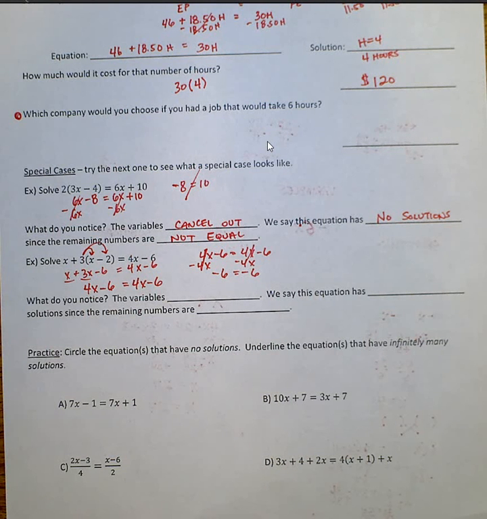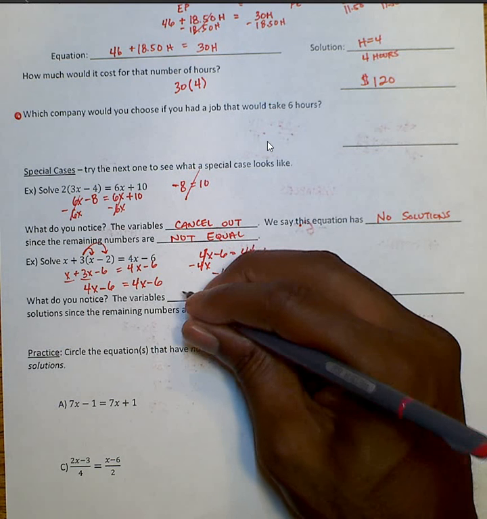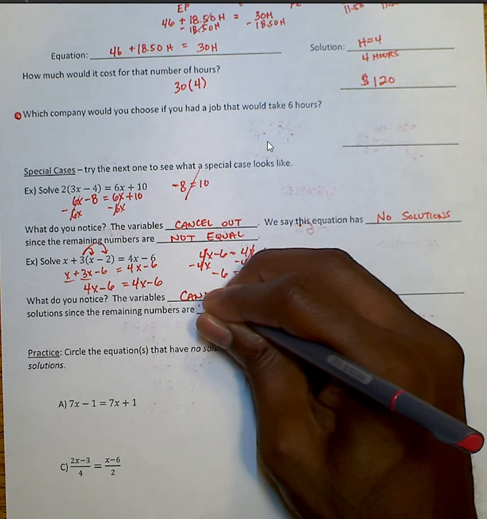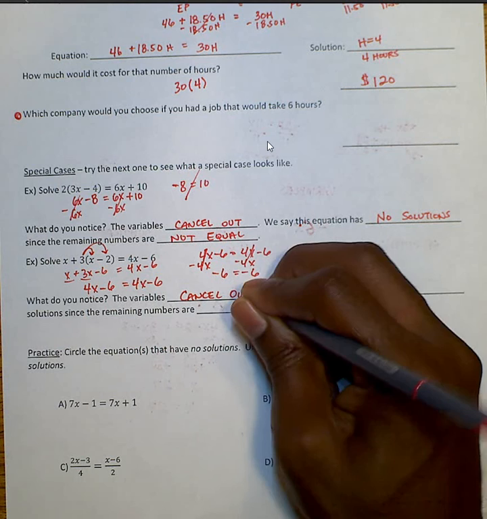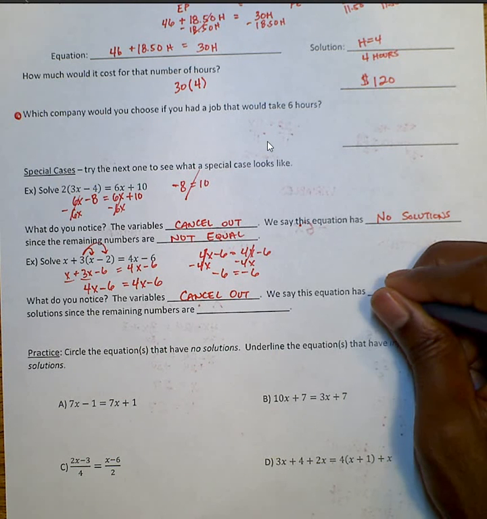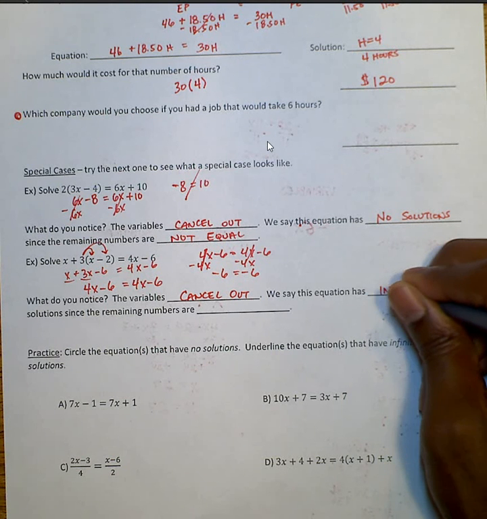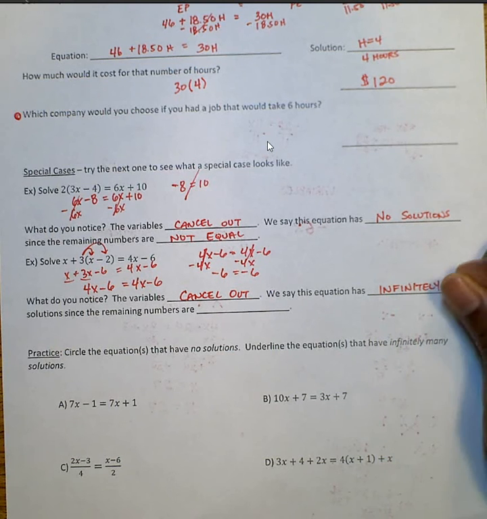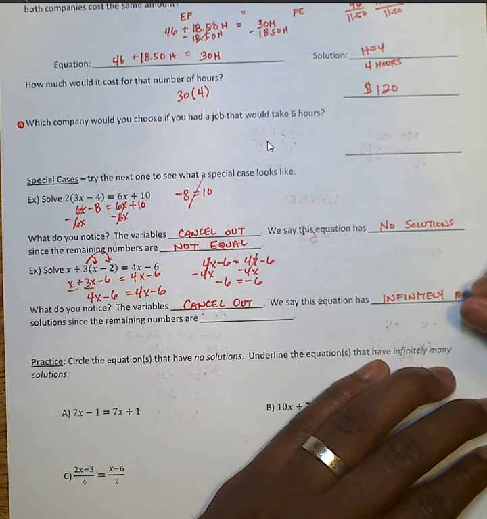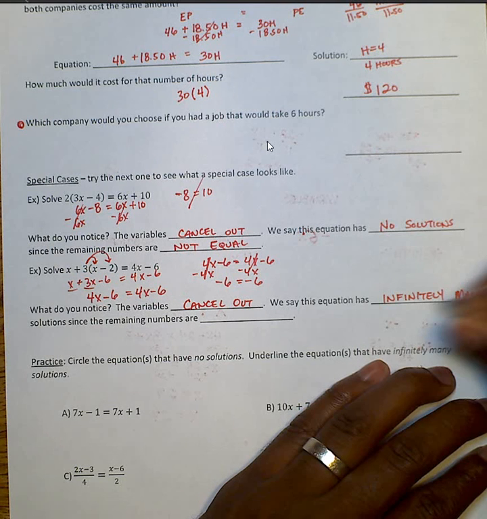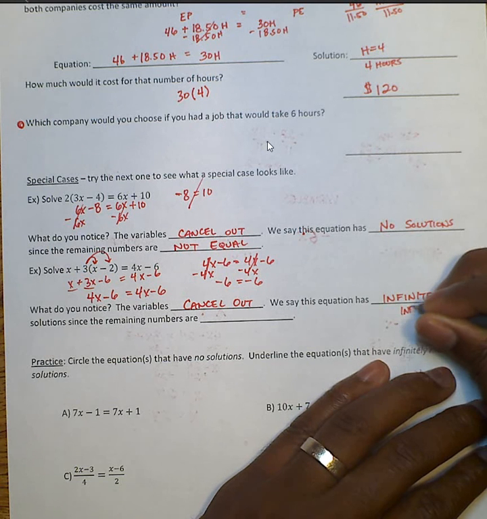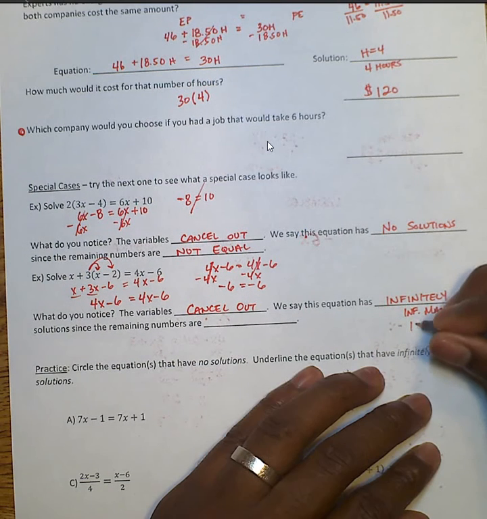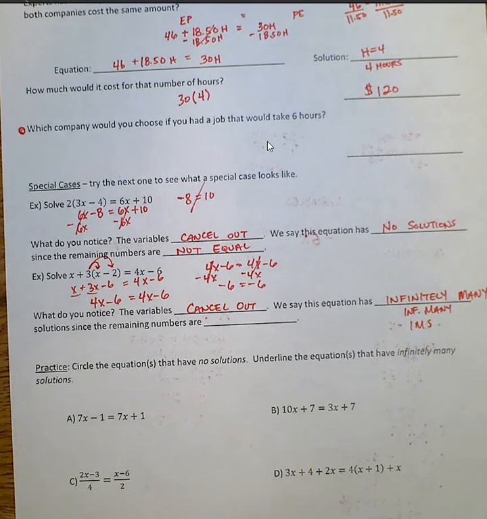Again, we should notice that the variables cancel out. We say this equation has infinitely many solutions. Some people can abbreviate it with many, or IMS, since the numbers remaining are equal.